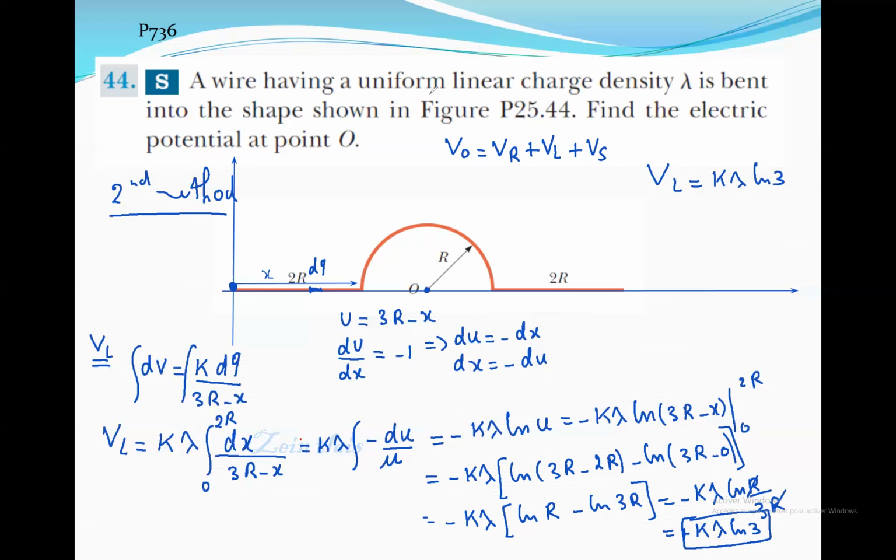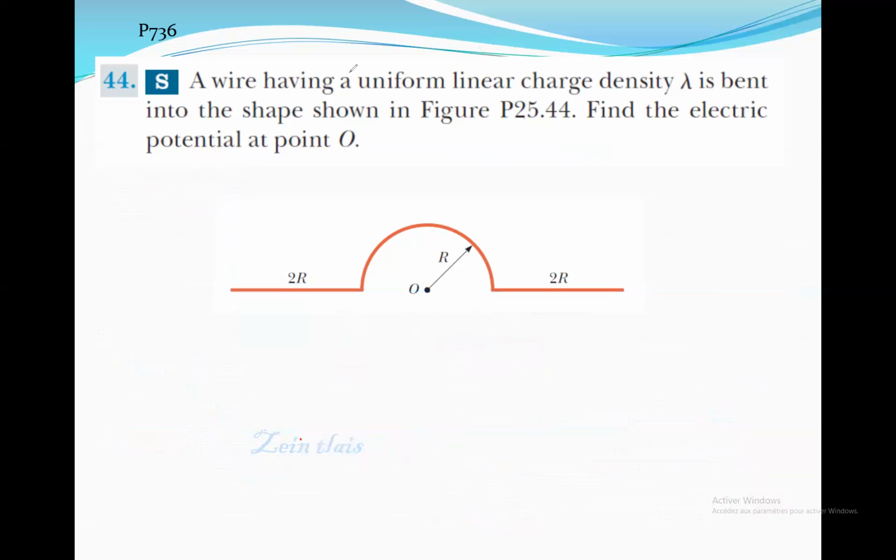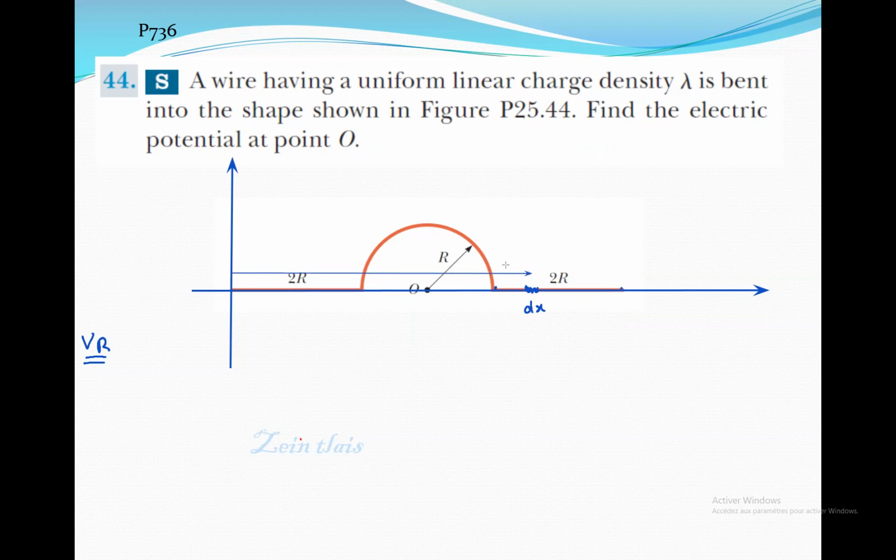We do the same calculation for the right side. Okay, and here we have the x-axis at this point. We have to take the same x-axis and y-axis. And here I take the right one, V right. I take a small portion here, dx, the position of dx with respect to O, the origin, equals x.